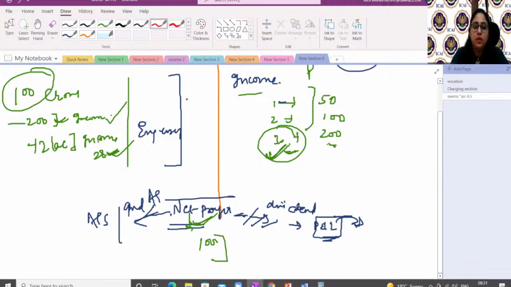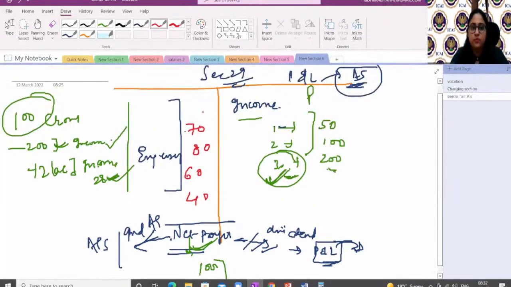In this there were several expenses, 1, 2, 3, 4, which were reduced to get this 100 profit. Forget this for a moment.